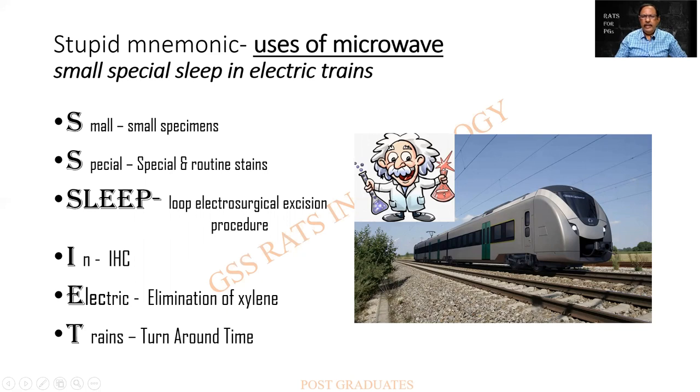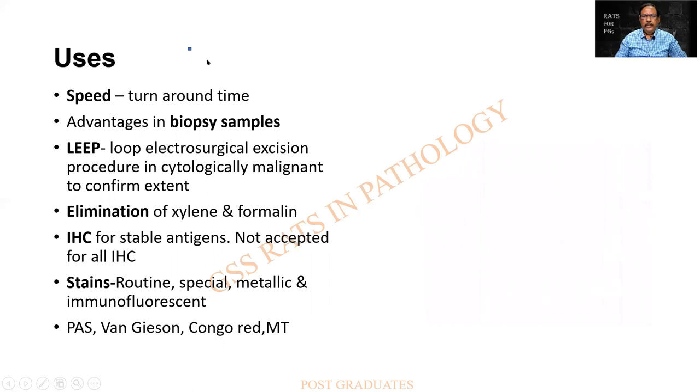Probably a great idea. I hope you are able to identify this gentleman. And this again are the things. LEEP alone I will explain over here. It is supposed to be a procedure. What happens when a malignancy is suspected by cytology? They take a biopsy, almost like a core biopsy.